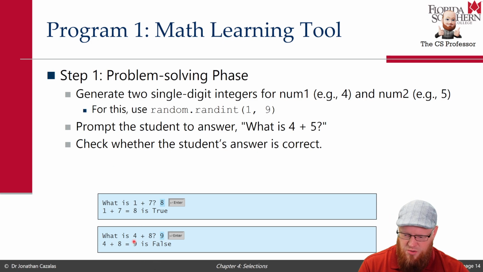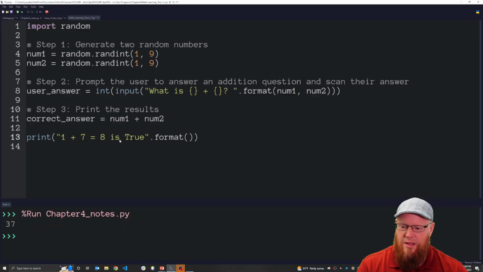And the reason you know it's the user's answer is because even when they entered the wrong answer, we put the 9. So that's the user's answer. And then here is a true or a false to indicate whether or not the user's answer equals the correct answer. So we have 4 things.